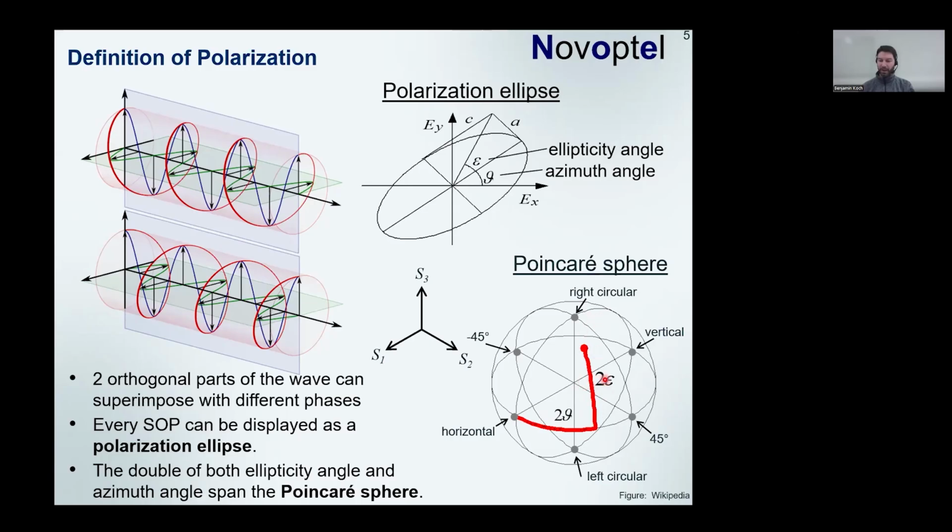And you see here if epsilon is 0 and we have linear polarization, then we are on the S1, S2 plane of the sphere, having horizontal or vertical or minus 45 or 45 degree polarization. And if epsilon happens to be plus or minus 45 degrees, then we are at the poles of the sphere, where we have right circular or left circular polarization.